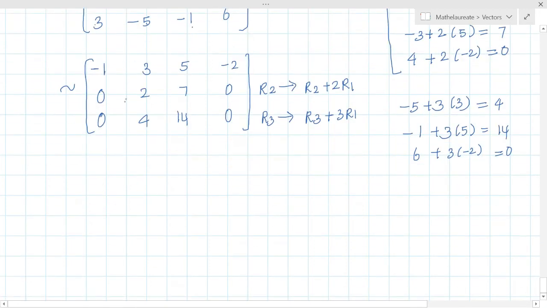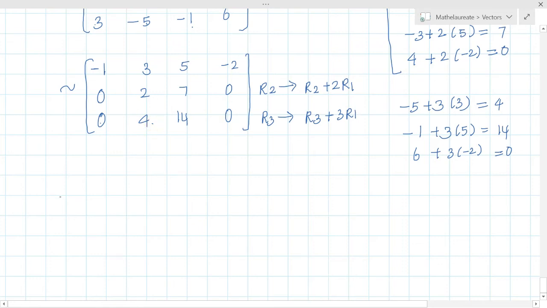Now just observe the second and third row. Now we made these zeros, right? And our aim is to make this a 0. But here you can see these are multiples of 2. If we divide by 2, I get the second row easily.